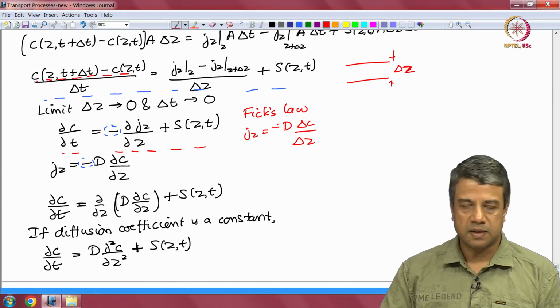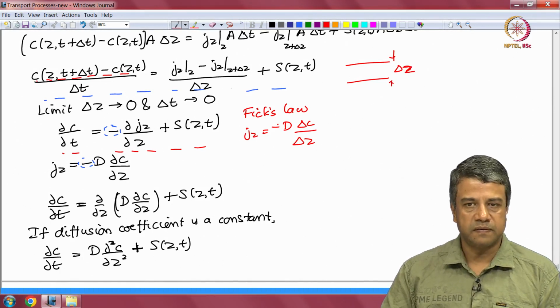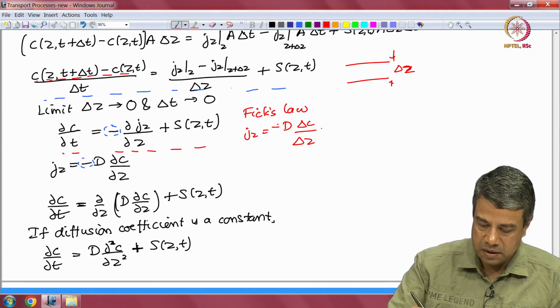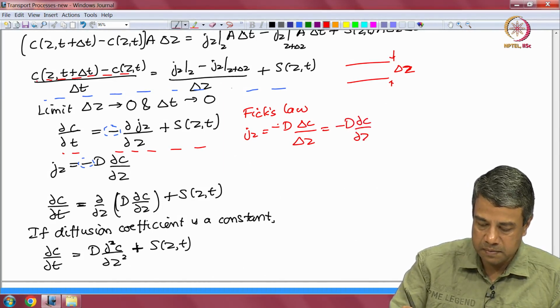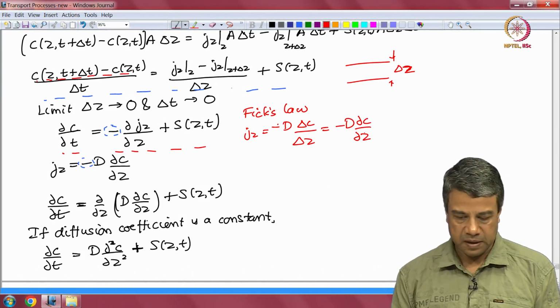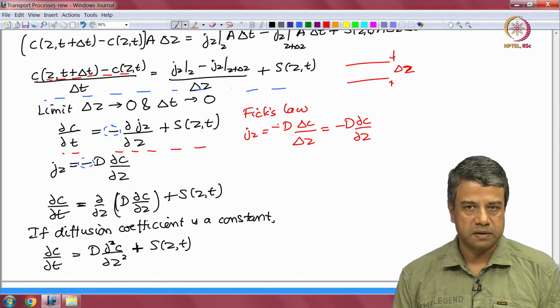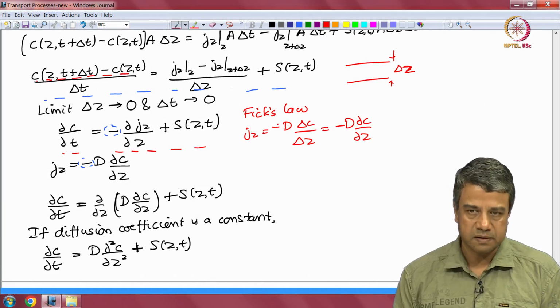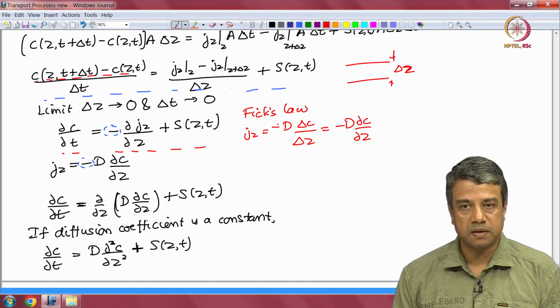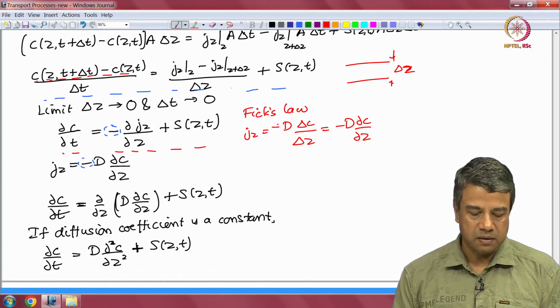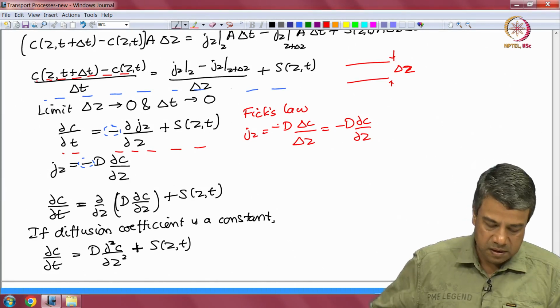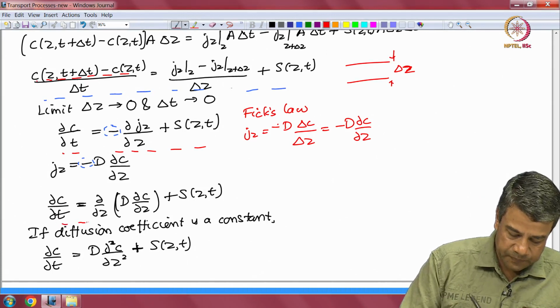So, that was the difference form of Fick's law. In the limit as delta z goes to 0, this becomes minus D partial c by partial z. So, this is Fick's law of diffusion. And so, we had substituted the constitutive relation into the equation and we had got a conservation equation.